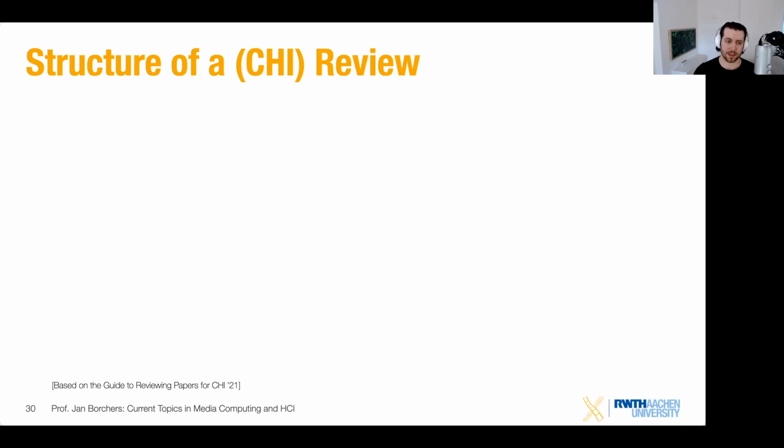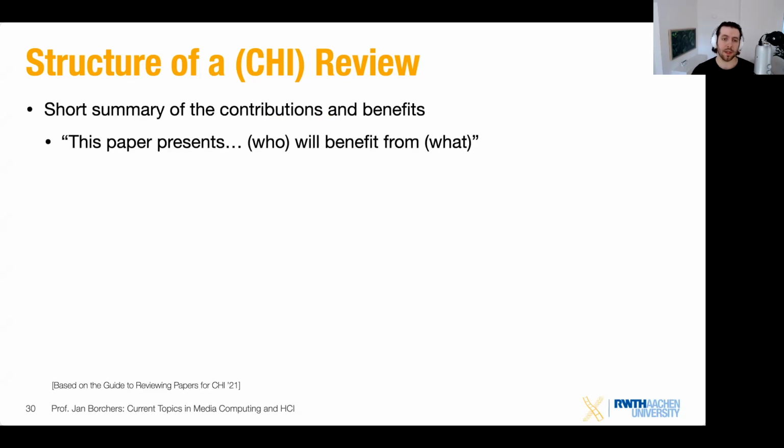So with this, let's dive a little bit deeper. In the structure of an HCI review, you are expected first to provide a little proof that you actually understood and read the paper correctly, because how else are you expected to provide good feedback if you didn't understand what the paper was about?